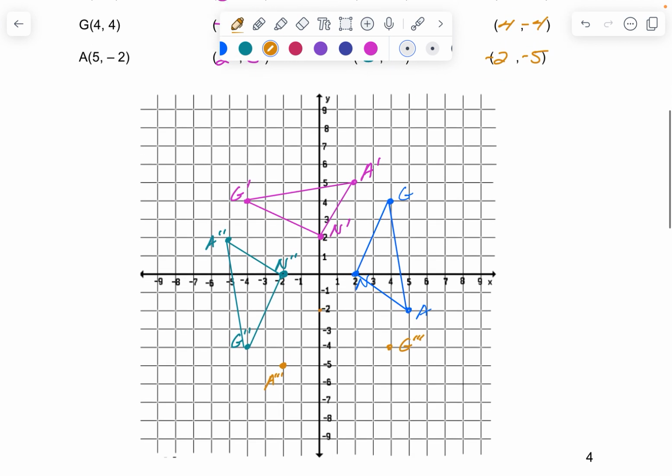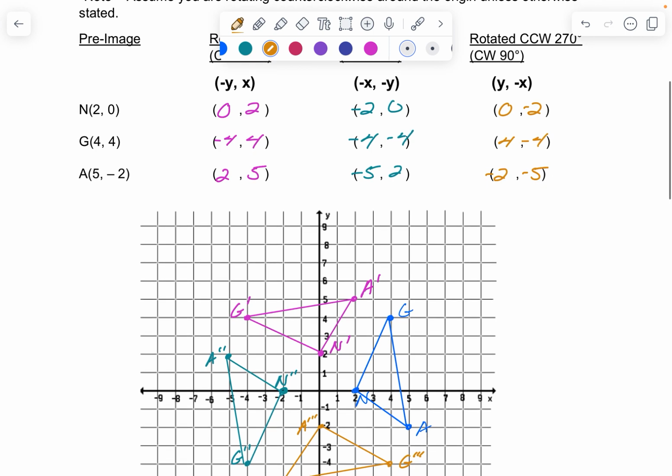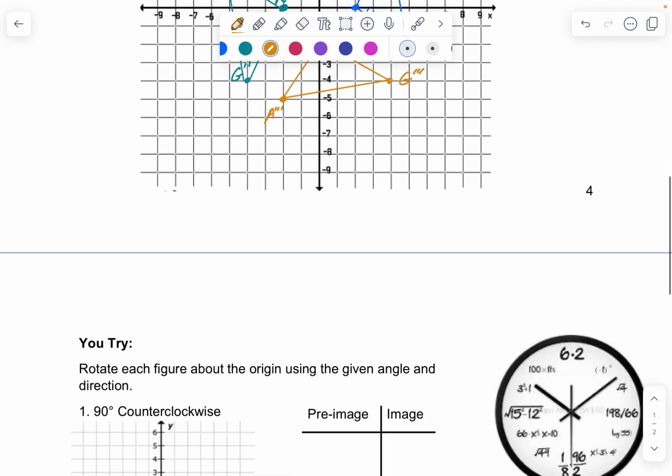And (0, negative 2), that's my N triple prime. And there we go. So we can see it visually as well as using the recipe, so to speak, to come up with our ordered pairs.